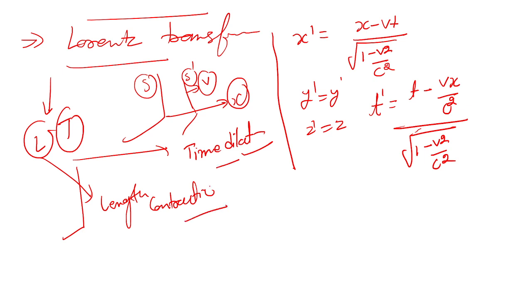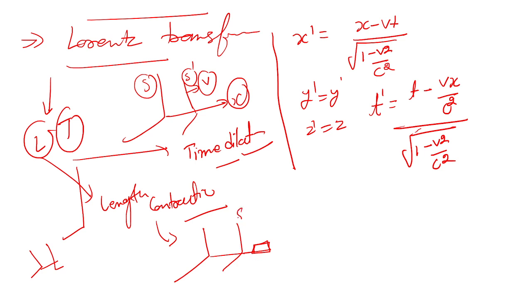So what is the meaning of length contraction? Length contraction says that when any object or rod is moving with a speed comparable to the speed of light, its length seems to decrease when you are observing from a stationary frame of reference. So there are two frames of reference, and here we consider a particular rod.